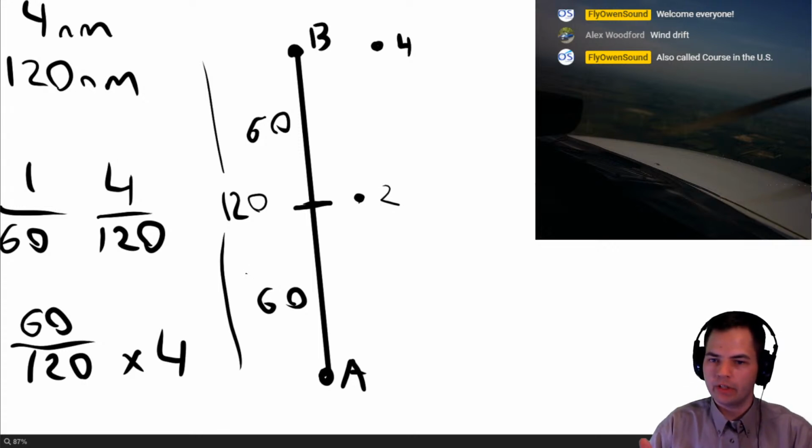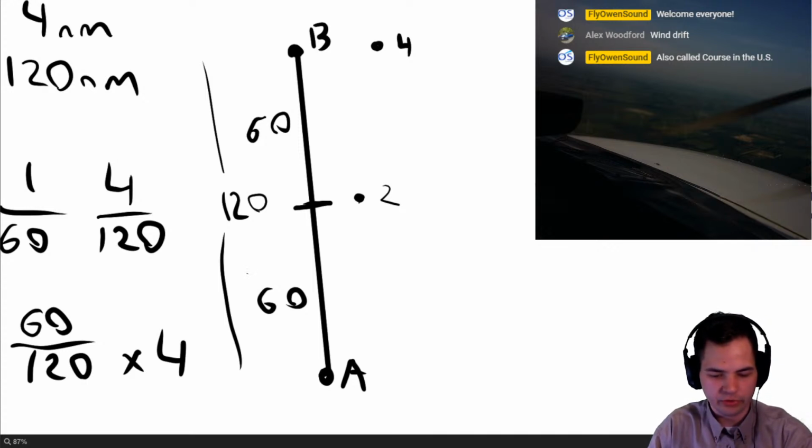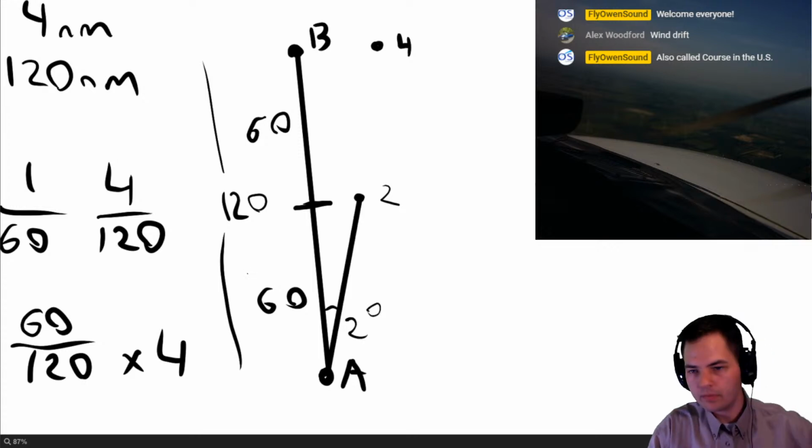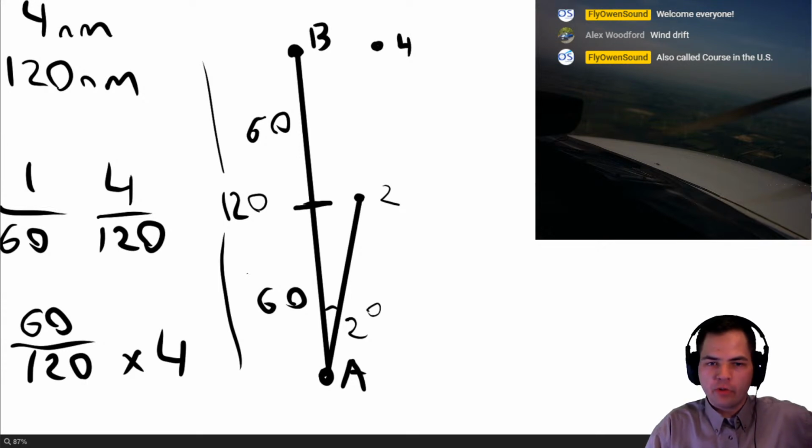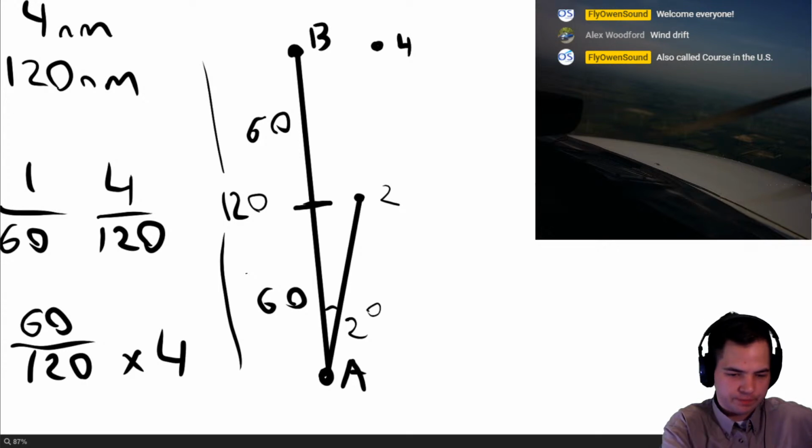And then again, that's the 1 in 60 rule. 60 miles, 2 miles off track, that is a 2 degree track error. So there you go. So that's the 1 in 60 rule, kind of 2 different ways to look at it for you.